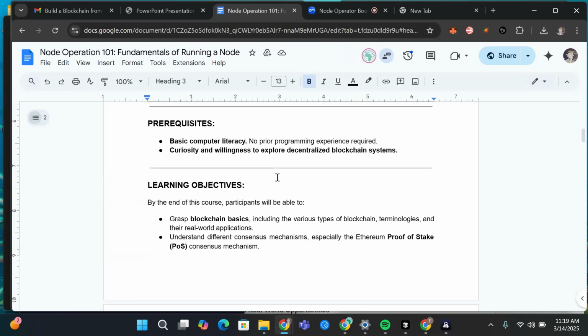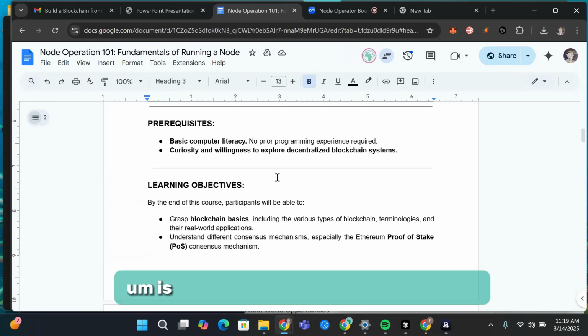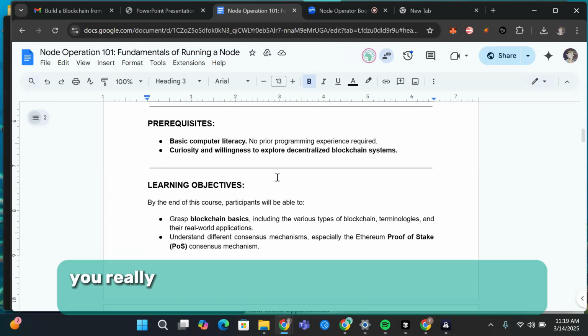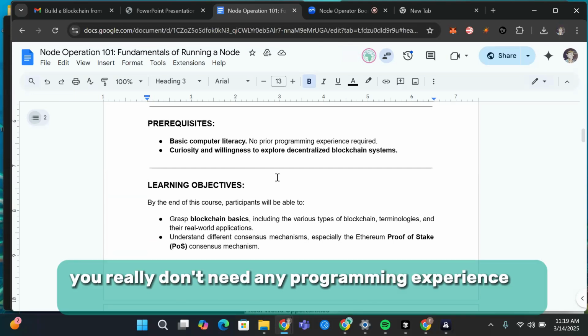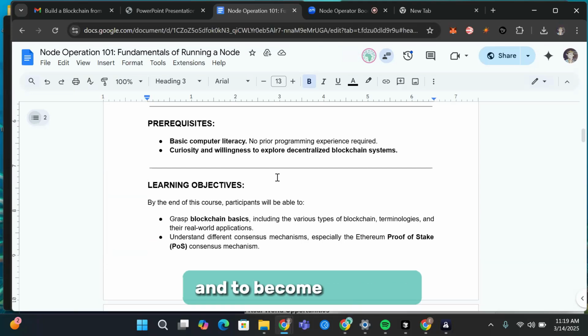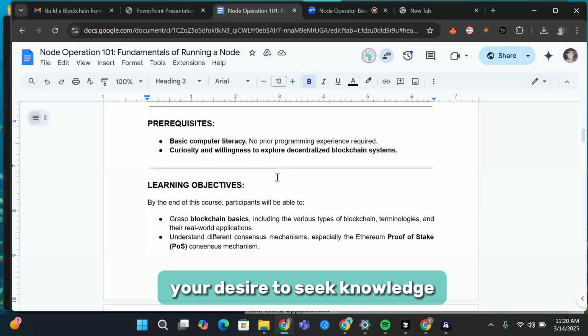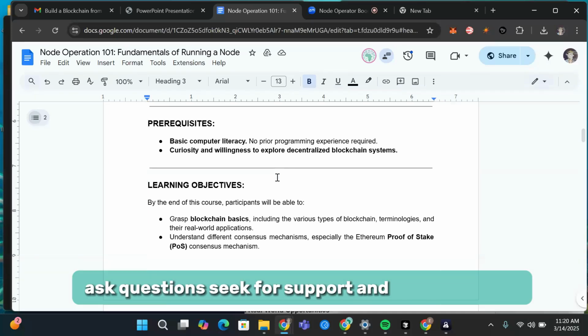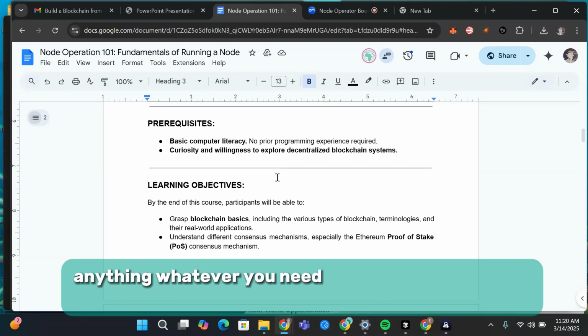And what you just need is, you really don't need, just like I said, you really don't need any programming experience to get started and to become an expert. What's required is your curiosity and your willingness to explore, your desire to seek knowledge, ask questions, seek support, and everything, whatever you need is available out there on the internet.